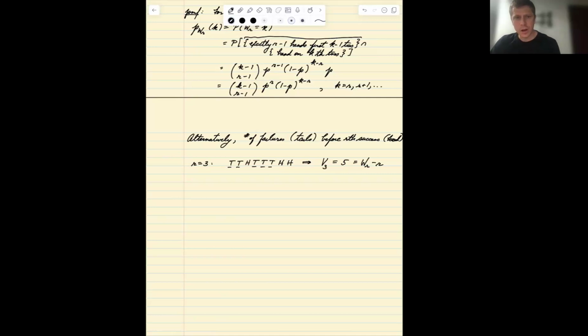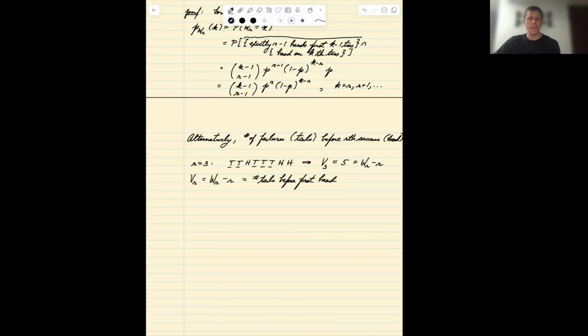So V sub R is going to be W_R minus R, the number of tails before the rth head.